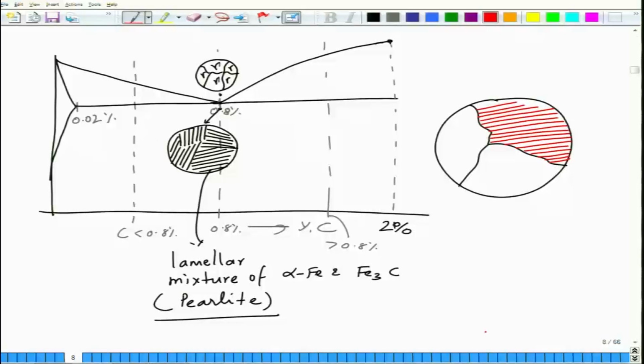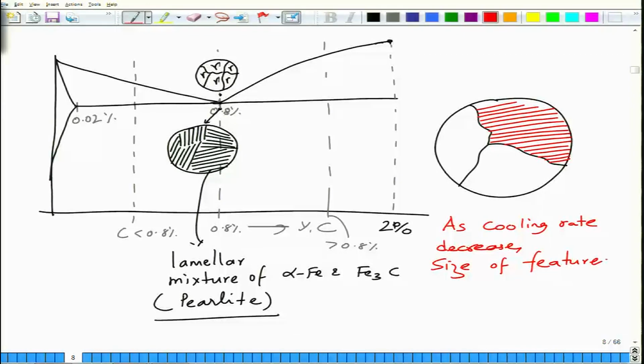Generally, as cooling rate decreases, the size of features increases. So slow cooling results in a coarser microstructure, and as a result, coarser plates of ferrite and cementite.